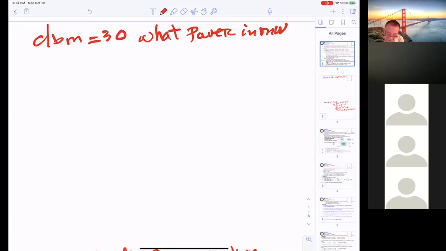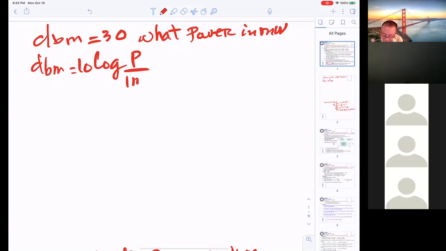So basically, dBm equals 10 log of P over 1 milliwatt, and that will be equal to 30.